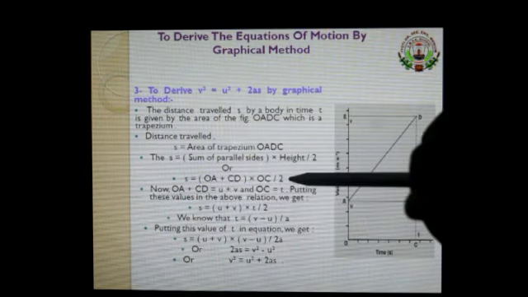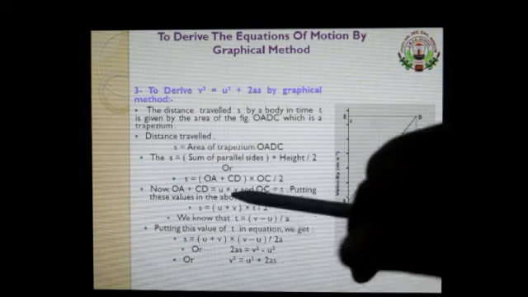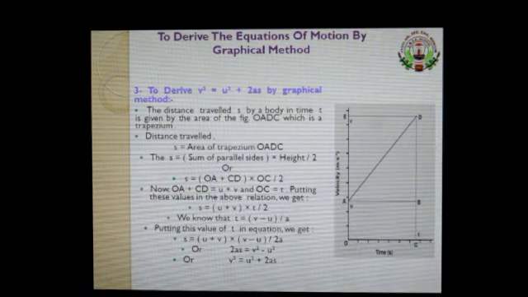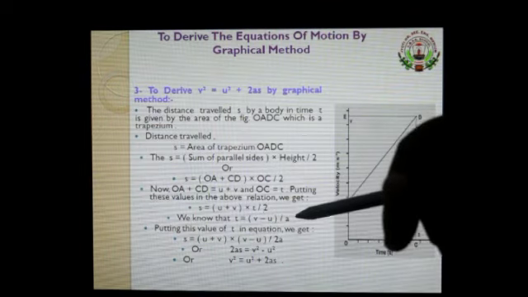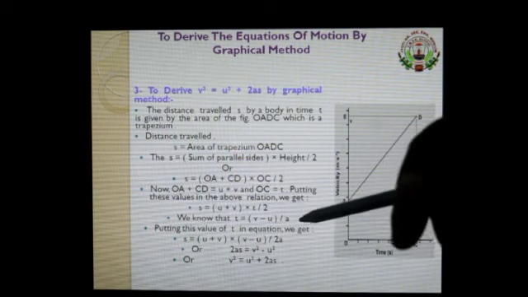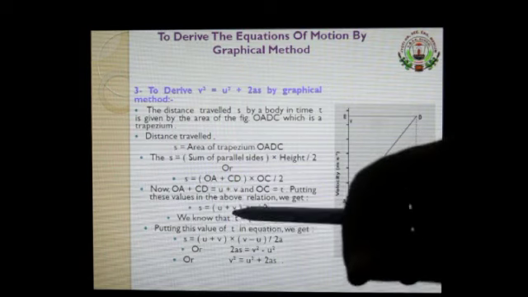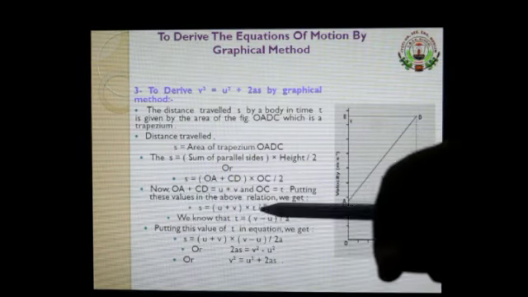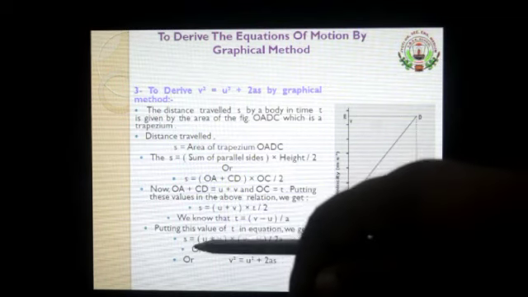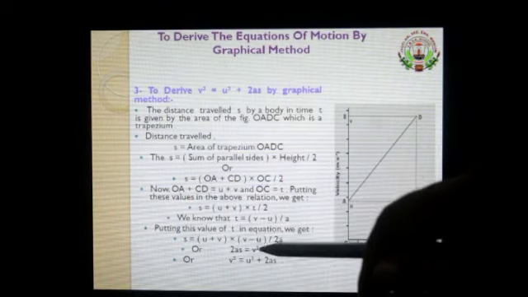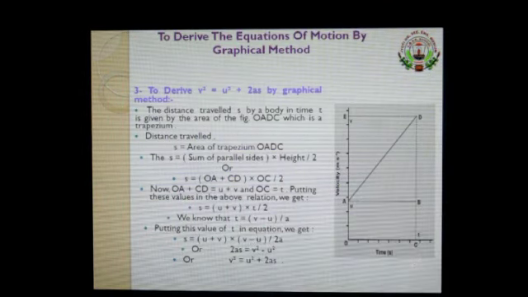Now OA plus CD means initial velocity plus final velocity, and OC is equal to t. Now we will put these values in the equation. We will get s is equal to (u plus v) into t by 2. But we know that t is equal to (v minus u) upon a. We are getting this from the first equation of motion. Now putting this value of t in this equation, we will get s is equal to (u plus v) into (v minus u) divided by 2a.